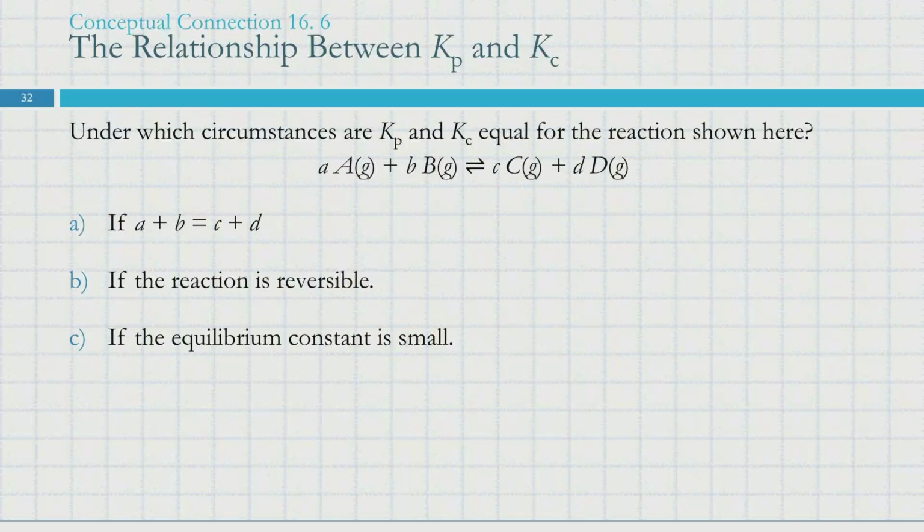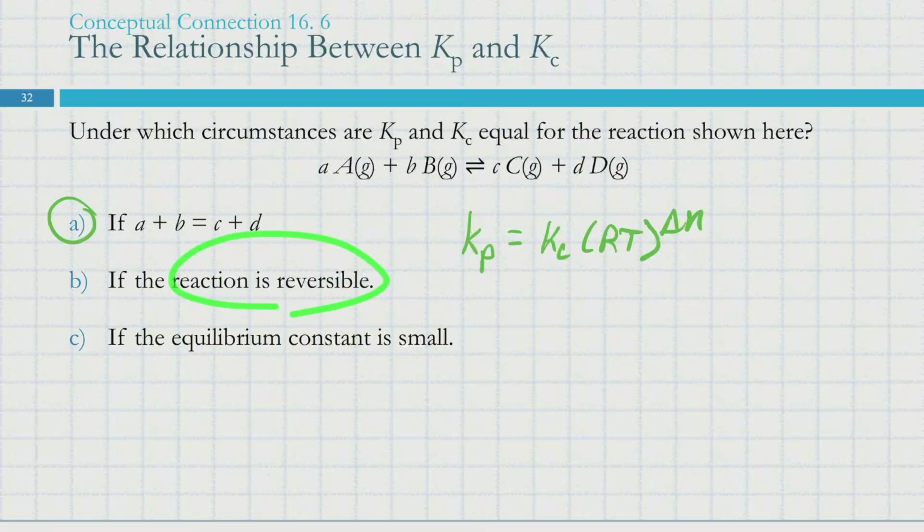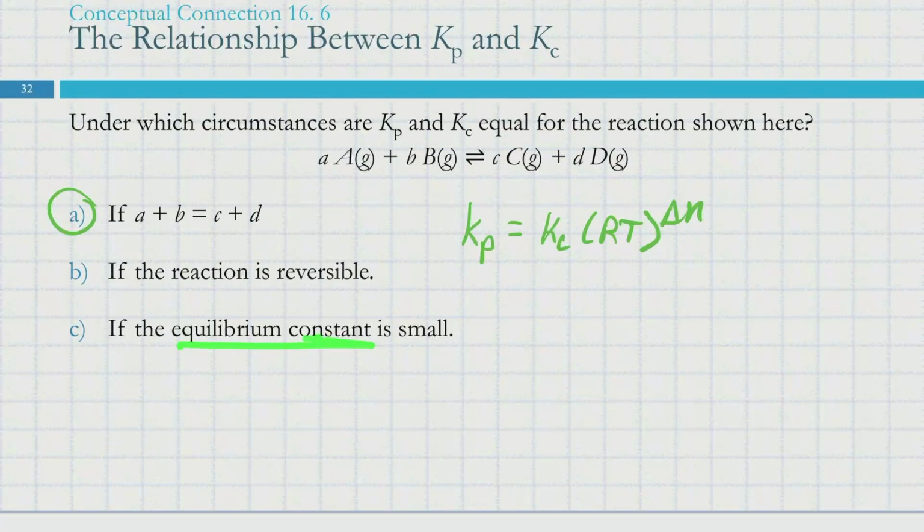Is it going to be if the reaction is reversible, or is it going to be if the equilibrium constant is small? A. Yeah, it's going to be A. We can see that the reaction is reversible, but that has no bearing on that. And the equilibrium constant size doesn't matter either.